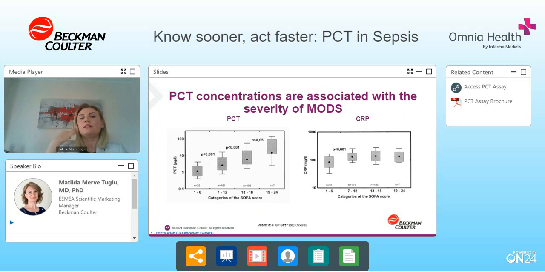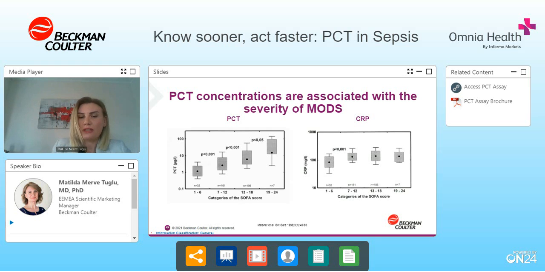The relation of procalcitonin plasma concentrations compared with C-reactive protein was also analyzed in patients with different severity of multiple organ dysfunction syndrome and systemic inflammation.